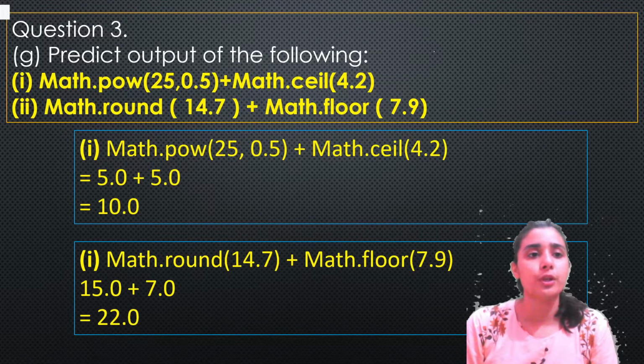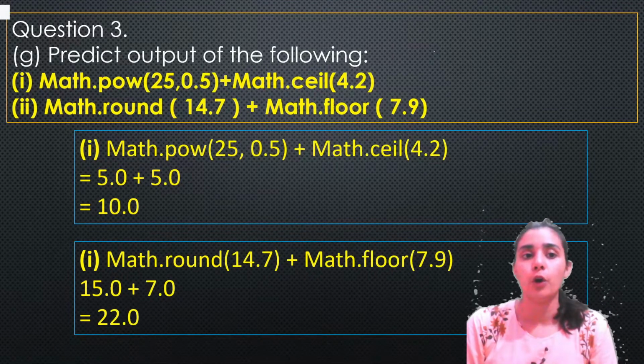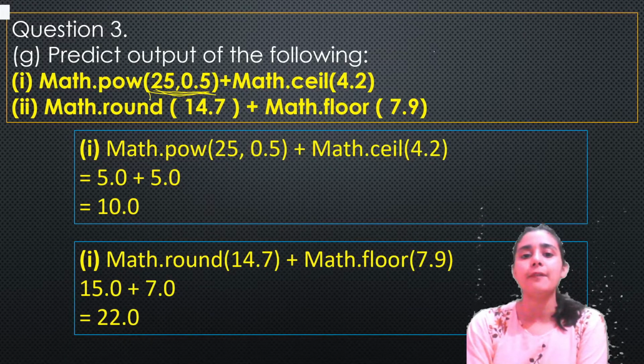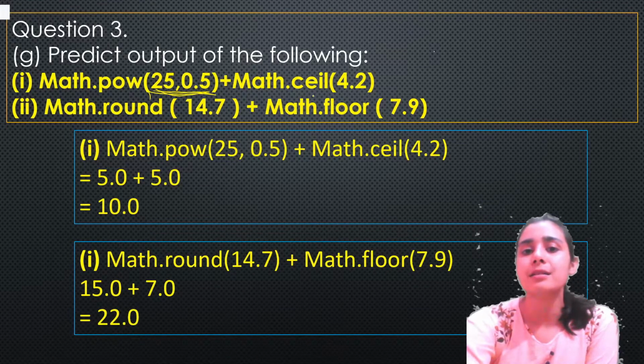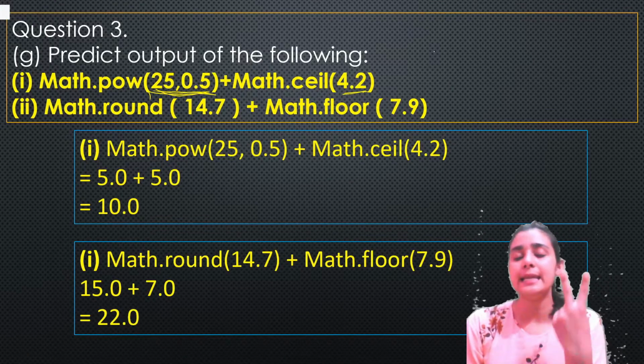Coming to the next question, question number 3's G part. We have to give the output of the following. As we know, 25.5 is given, so its power we have to calculate, plus Math.ceil 4.2. As we know there are two, ceil and floor.